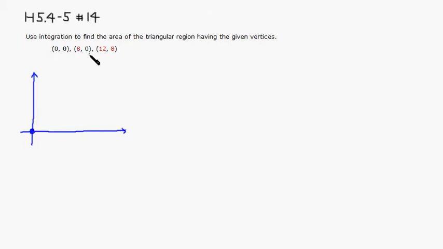The second point is (8, 0), so that's going to be on the x-axis, somewhere around here. So that's 8 there and 0 there. Then (12, 8). So 12 is around here, and 8 is probably up there.